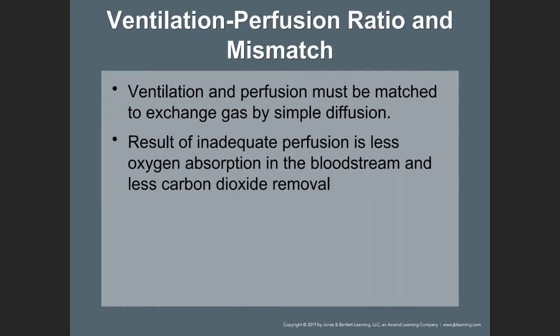And if the body starts to retain carbon dioxide, it will combine with water and form carbonic acid, and the pH starts to drop. So the pH drops, the CO2 level increases, and the patient develops respiratory acidosis.